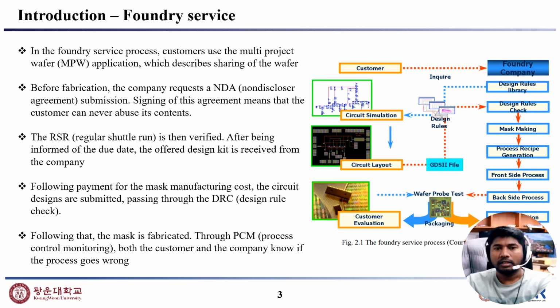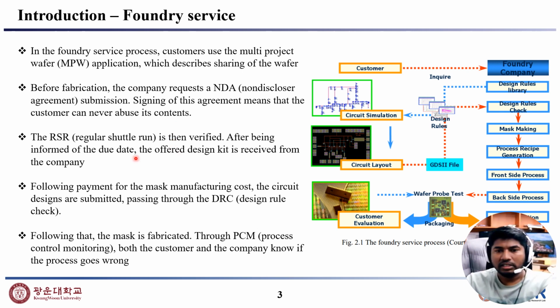In this foundry service process, the customer uses the multi-project wafer application, which describes sharing of the wafer, and before fabrication the company requests an NDA, that means non-disclosure agreement submission. Signing of this agreement means that the customer can never abuse its content.